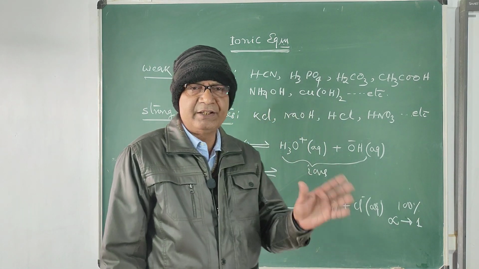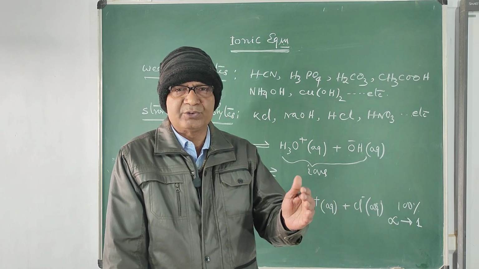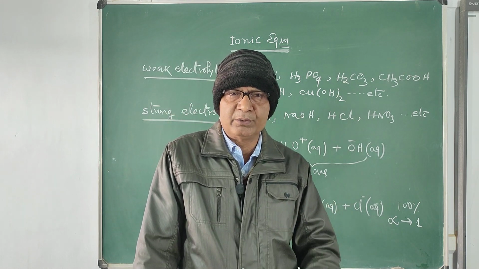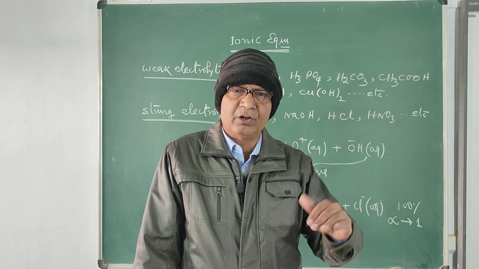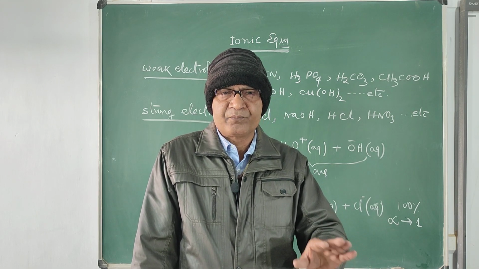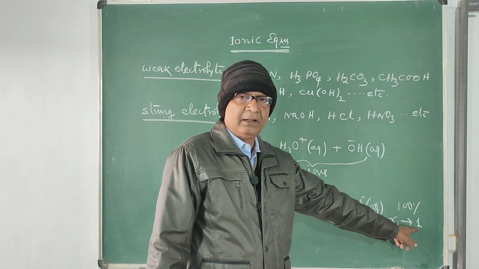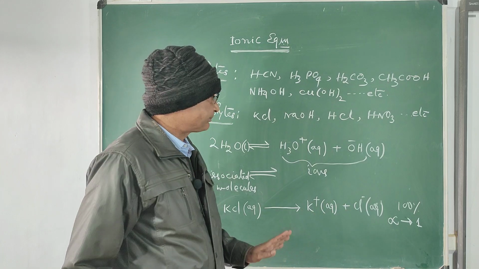Alpha is the number of molecules dissociated divided by the number of molecules taken. So 1 means all the molecules of the electrolyte have been dissociated. That's why alpha is 1, meaning 100% dissociated.